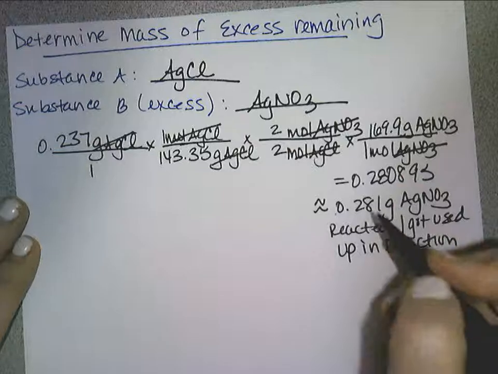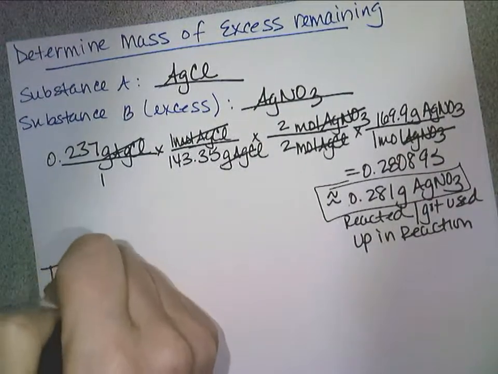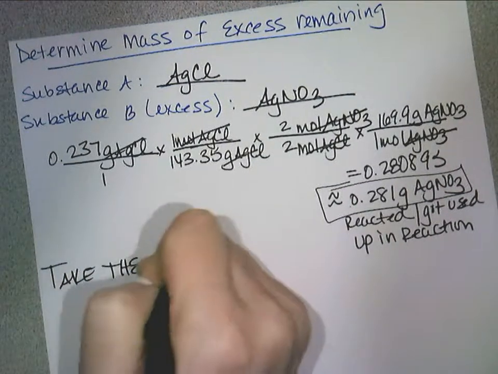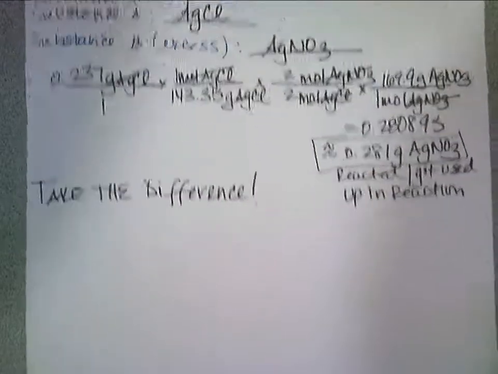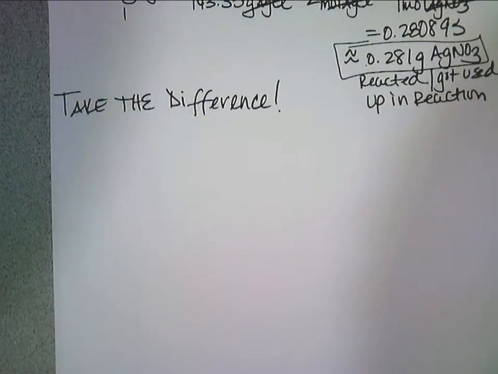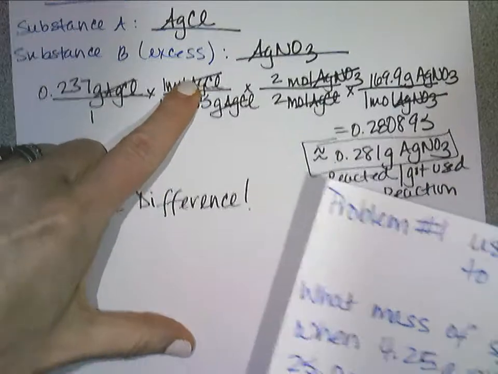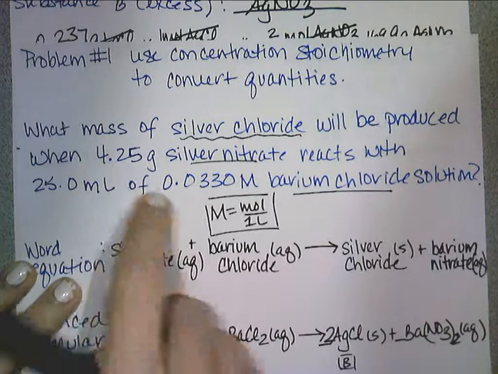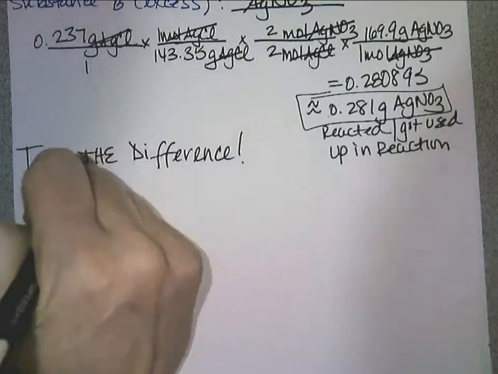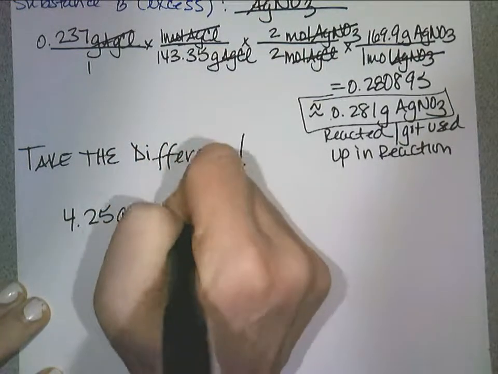Okay, that's how much got used up in the reaction. But we want to take the difference and we want to know how much excess remains. Well, going back to the question, we know that excess is AgNO3, right? So how much did we start with to begin with? So AgNO3 is silver nitrate. We started with 4.25 grams of AgNO3.